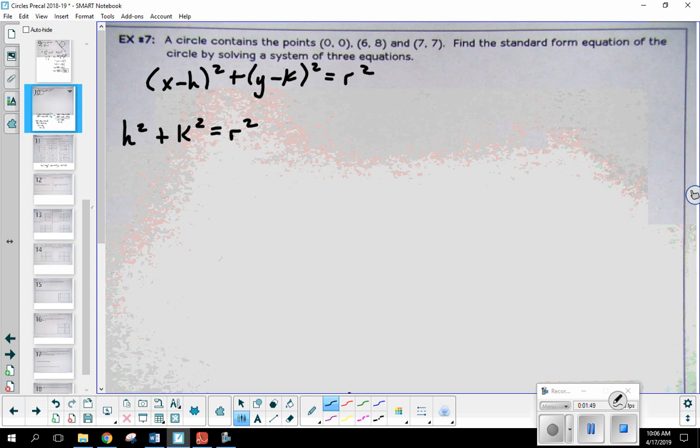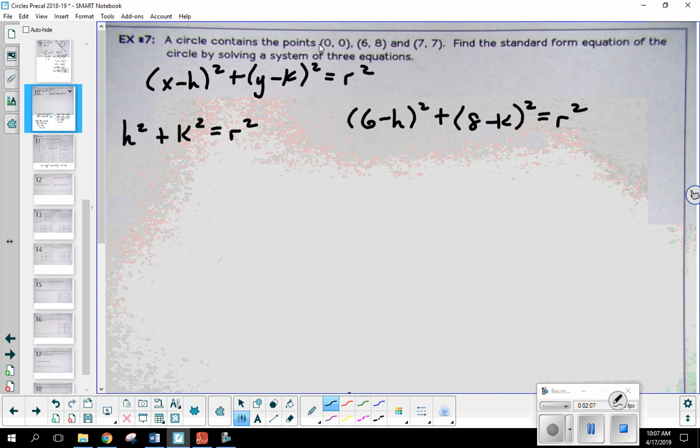So I'm going to take 6 and 8. (x minus h) squared would become (6 minus h) squared plus (y minus k) squared, (8 minus k) squared, equal to the radius squared. And now we just want to expand and simplify as much as possible.